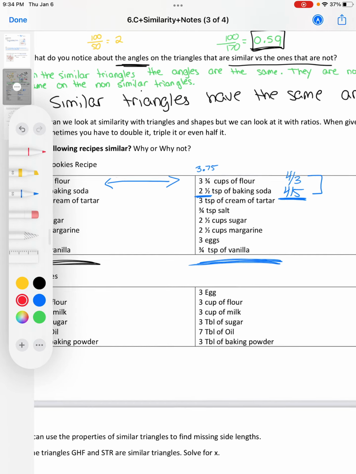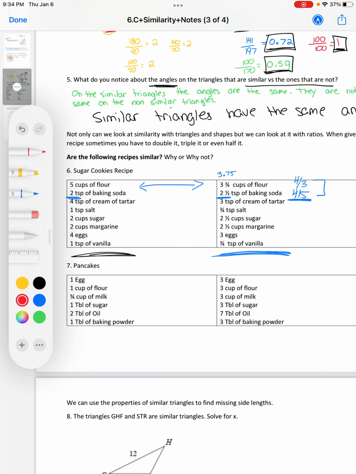So, we were just looking at how to go from 5 cups of flour to 3 3/4. We would have to times it by 4/3. To go from 2 teaspoons to 2.5 teaspoons, we would have had to times it by 4/5, okay?